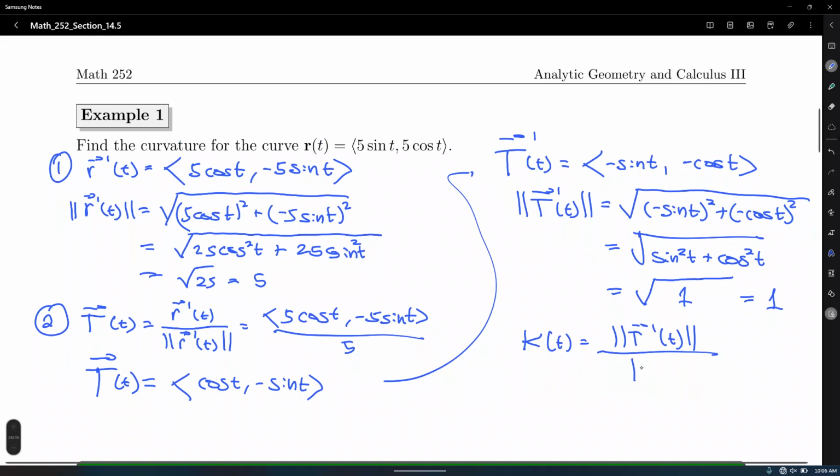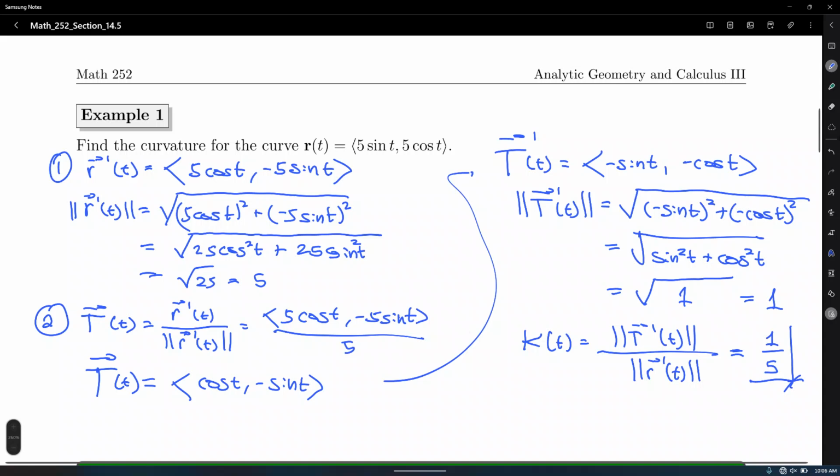Okay, so that's divided by the magnitude of r prime of t, and we have everything we need. That is the magnitude of the derivative of the unit tangent vector, which is 1, over the magnitude of r prime, which is 5. Let's assess this result and find out how this makes sense.